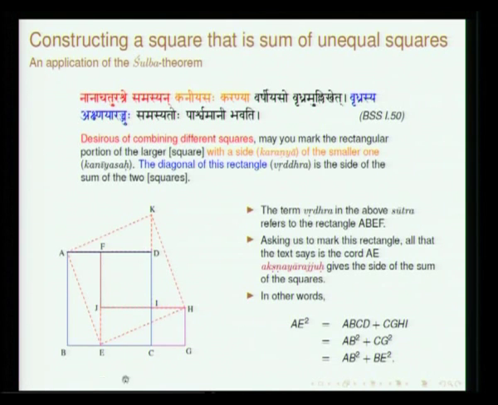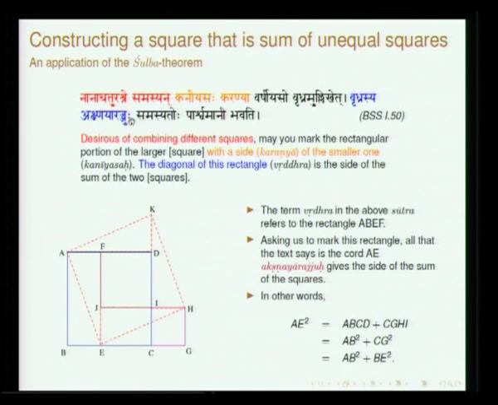Karanya Varshiyasaha, you just think of placing this square there, or marking CG in the larger square B, Vridhram Ullikhet. The term Vridhra can be understood to be a sort of rectangle here. This rectangle is BEFA Ullikhet. Then it says Vridhrasya Akshnaya Rajjuhu; Akshnaya Rajjuhu is AE, the diagonal.